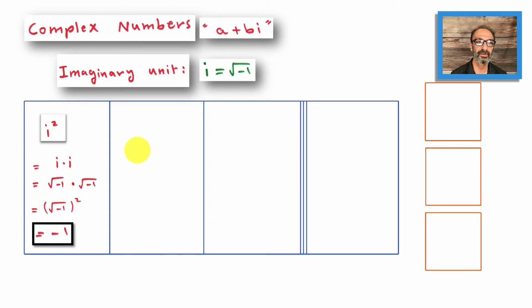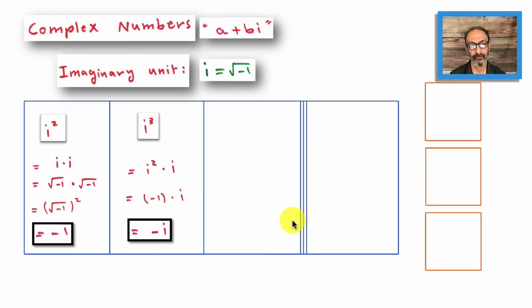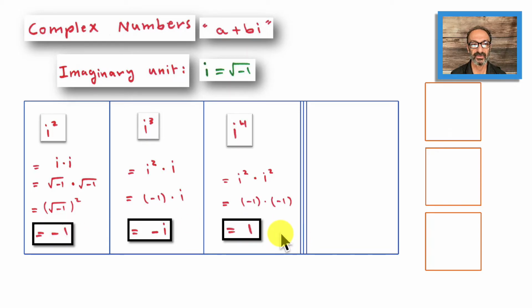What's i³? i³ will be i² multiplied by one more i, meaning that's -1 times i, which is -i. What's i⁴? Well, i⁴ is i² times i², which means -1 times -1, and that's +1.